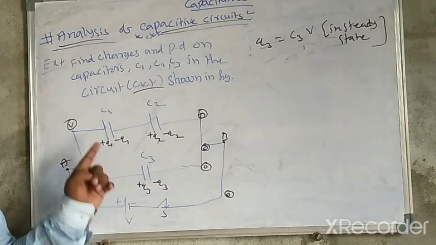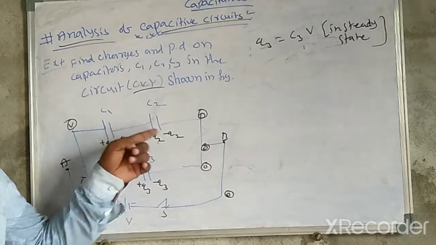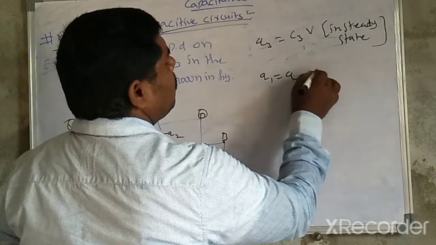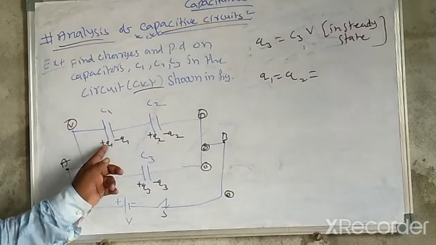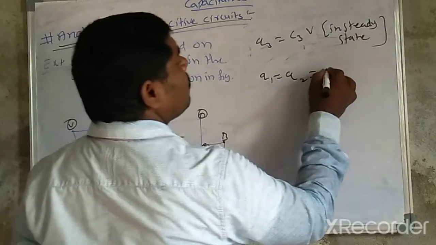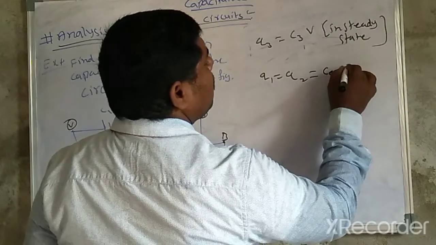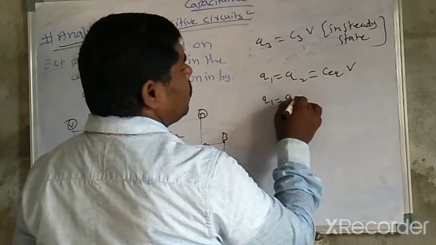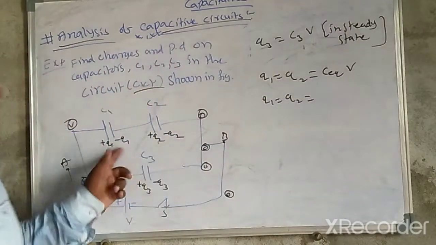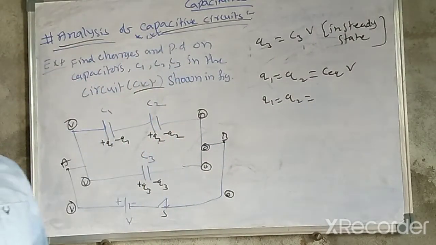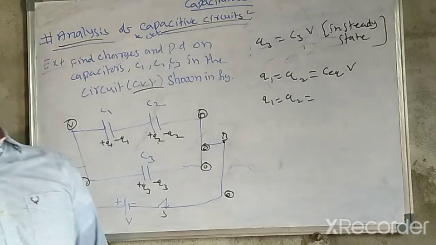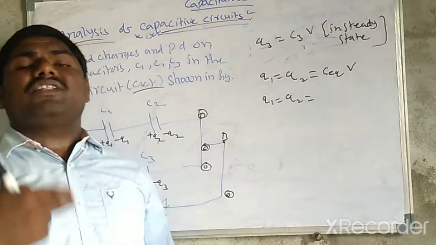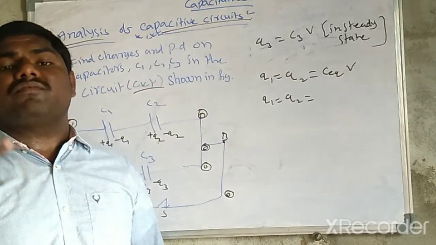Similarly, Q1 is in series connection. Q1 must be equal to Q2, which is equal to C equivalent of these two into the potential difference. These two are in series connection. Whenever two capacitors are connected in series, 1 by C equivalent is equal to 1 by C1 plus 1 by C2.